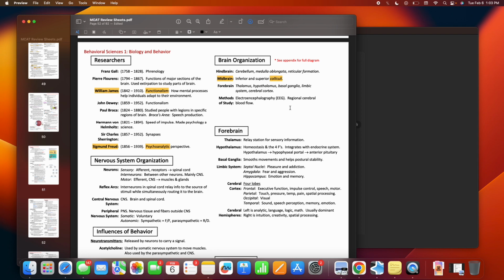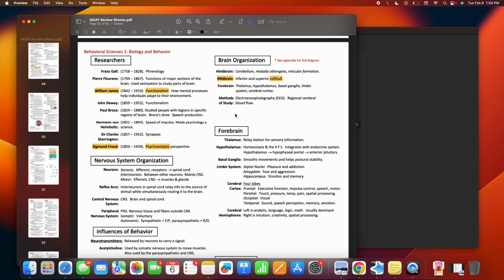Which is medulla oblongata and cerebellum. And midbrain is just inferior and superior colliculi. And the forebrain is thalamus, hypothalamus, the limbic system, the cerebral cortex, and basal ganglia.